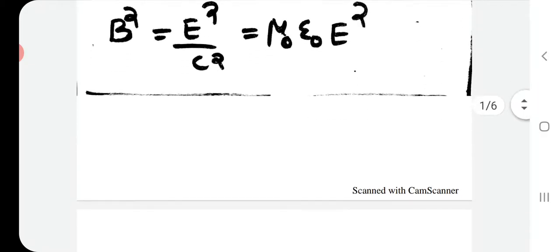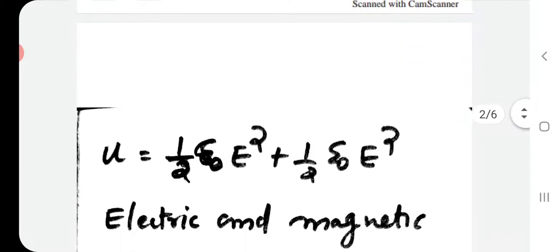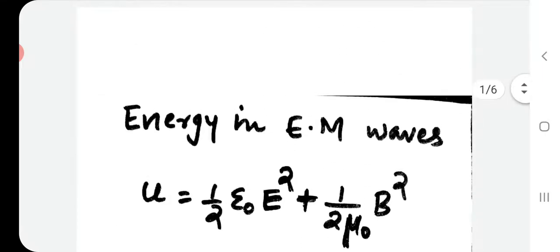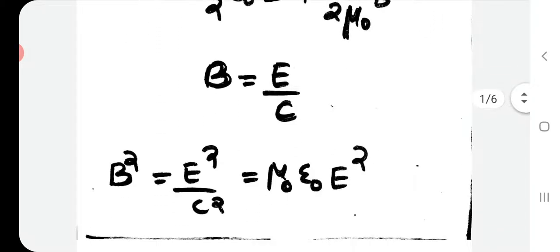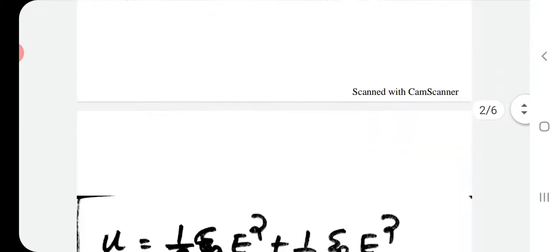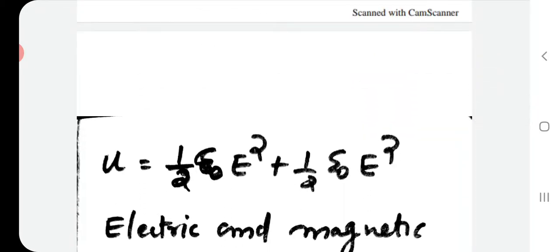Right. So the magnetic field contribution 1 by 2 mu 0 B square, since B square is equal to mu 0 epsilon 0 E square, will be equal to half epsilon 0 E square.